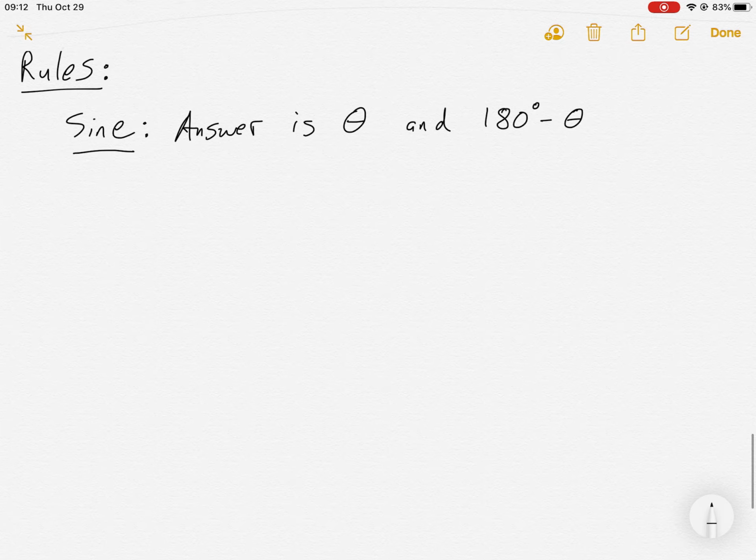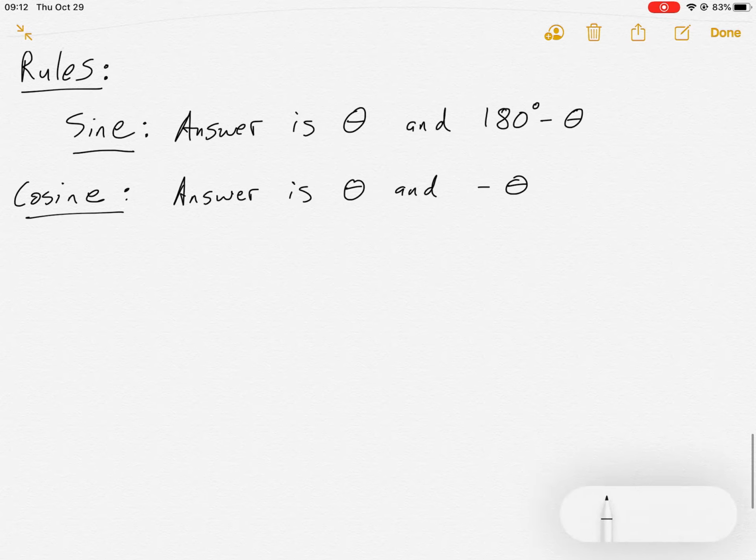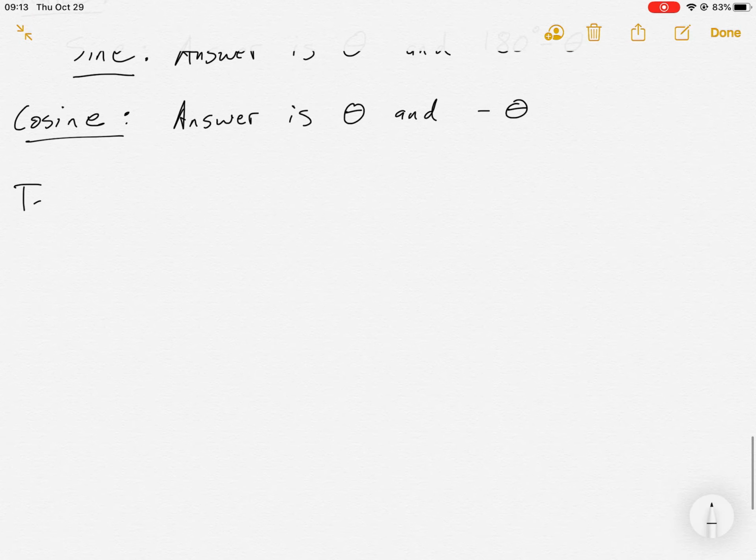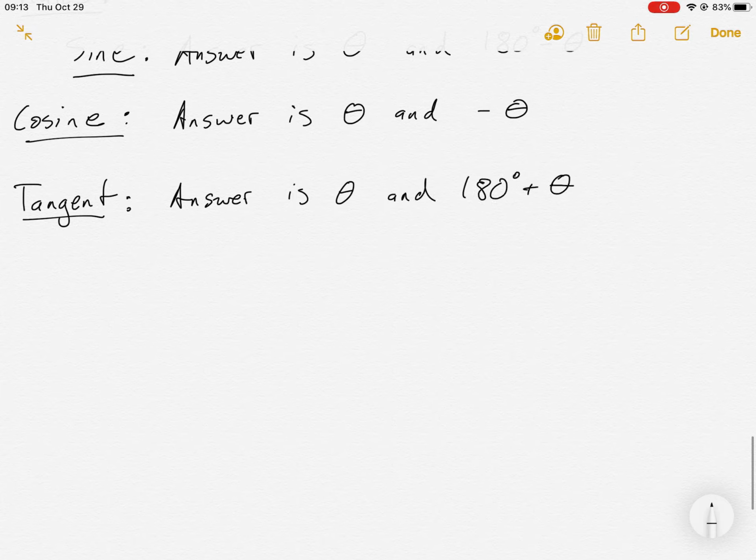For cosine, the answer is theta and then also negative theta. And then for tangent, which we haven't really seen yet, the answer is theta and then also 180 plus theta.